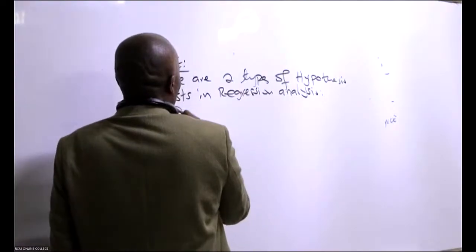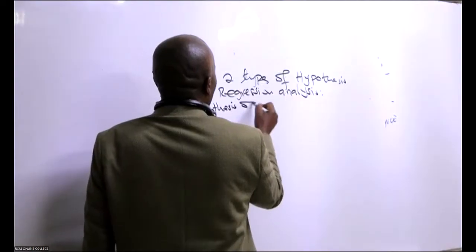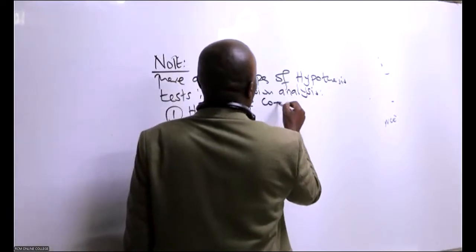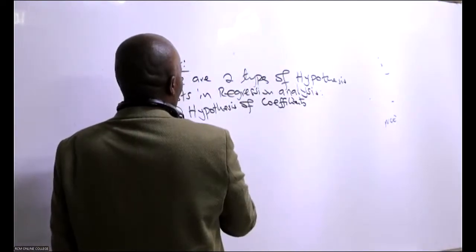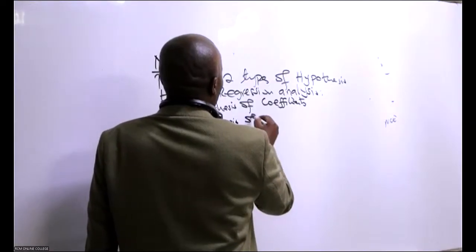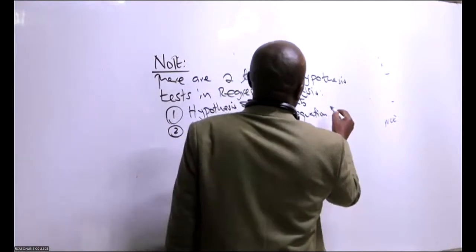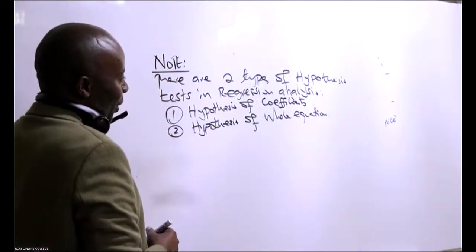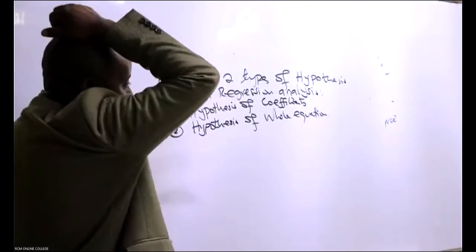Namely, number one, we have a hypothesis of coefficients. And then number two, we have a hypothesis of whole equation. So there are two types of hypothesis tests in regression analysis. We have a hypothesis of coefficients, and then we have a hypothesis of the whole equation.